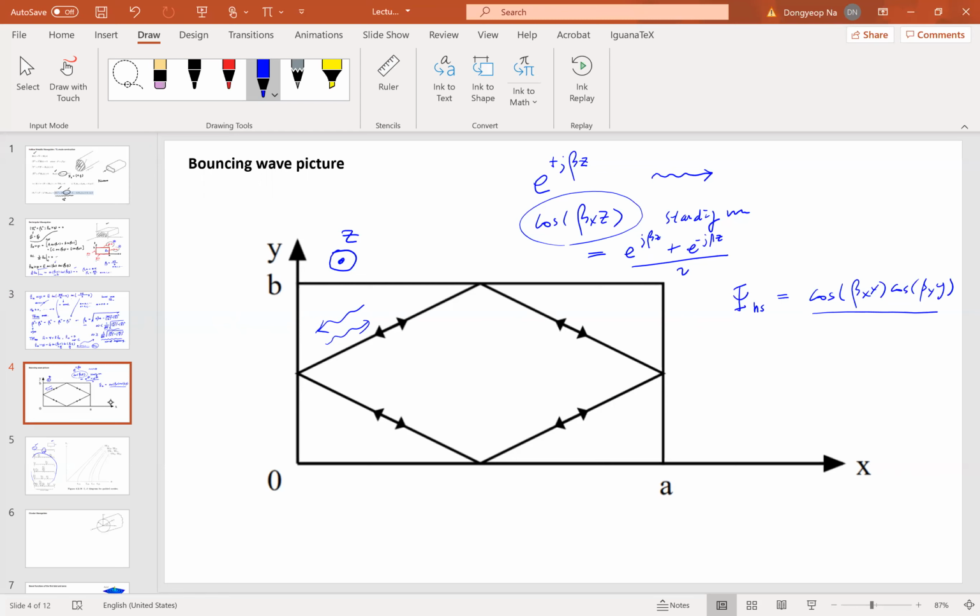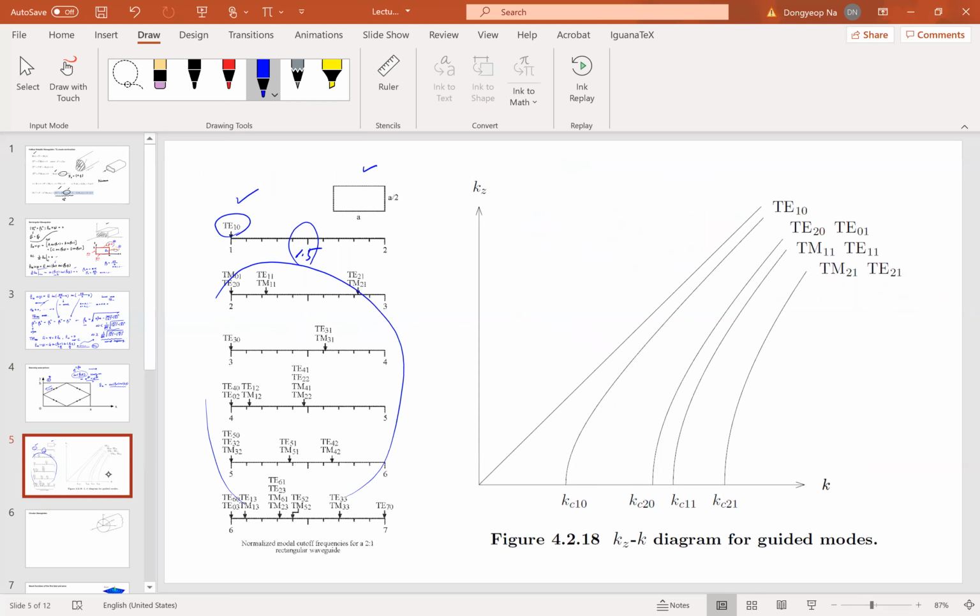Meaning that the waves propagating in plus x or plus y are bouncing around inside this metallic wall so that they form these standing waves. Okay, that's the physical picture of this transverse field profile.